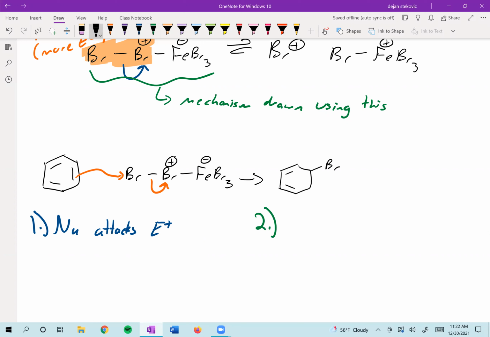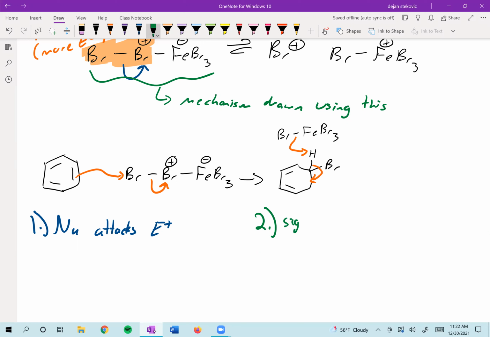After that, what we're going to have is our sigma complex. And then from our sigma complex, we're going to deprotonate it to regenerate our aromatic system. So make sure that you're deprotonating the correct proton. And in this case, since it's a catalyst, we need to regenerate our catalyst. So it's going to be our catalyst that does the deprotonation. This iron-bromine bond is going to pick up this proton, and then this carbon-hydrogen bond is going to become a carbon-carbon pi bond.